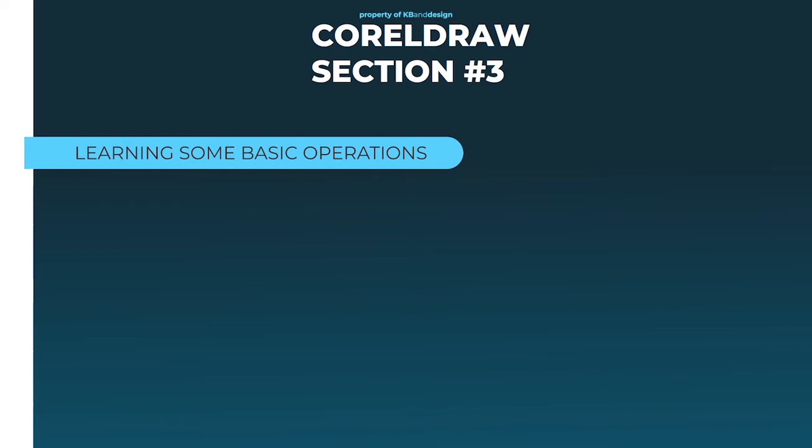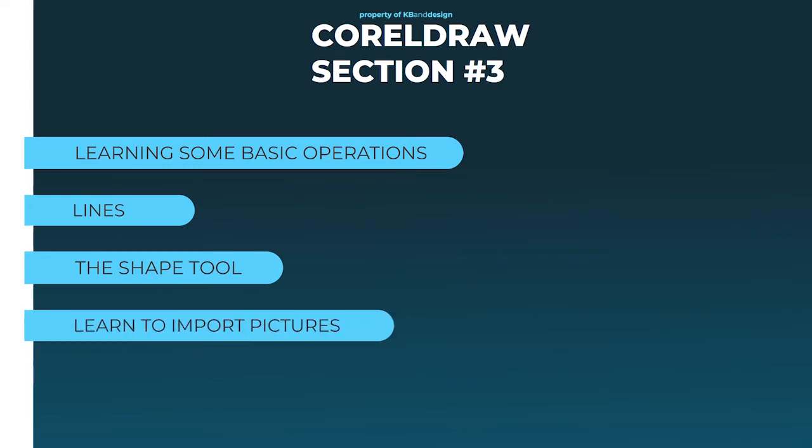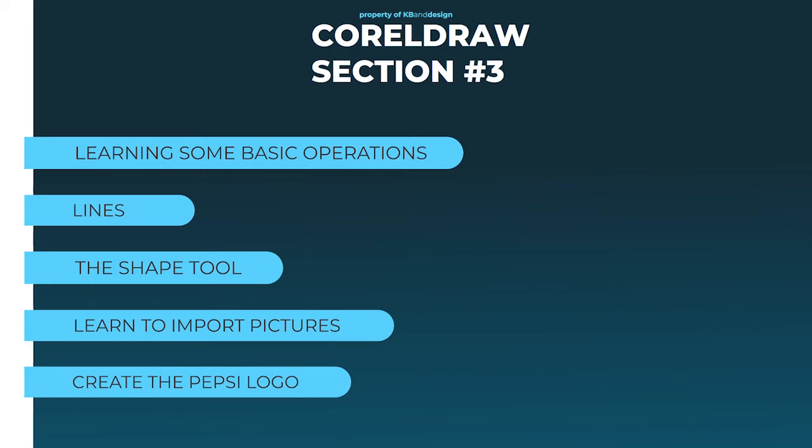Next, we will dive in deeper on lines and we will learn more line tools like the pen tool. We will learn more fascinating features of the shape tool, learn how to import pictures into CorelDraw, and to wrap up this section, we will create the popular Pepsi logo in this section.